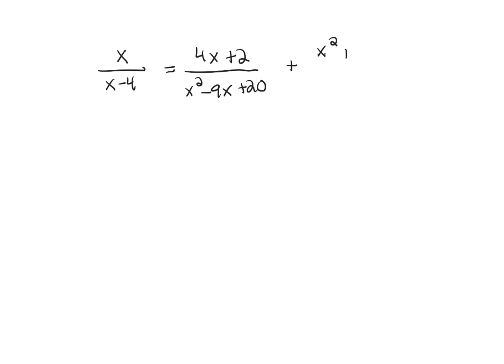Okay, next one, x over x minus 4 equals 4x plus 2 over x squared minus 9x plus 20 plus x squared plus x over x squared minus 9x plus 20.